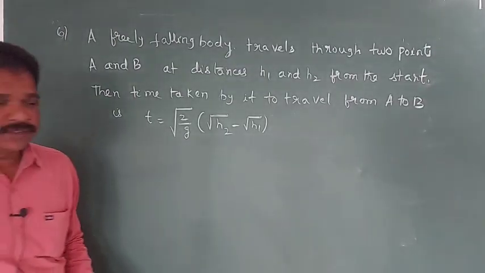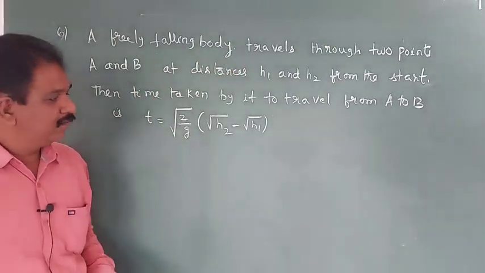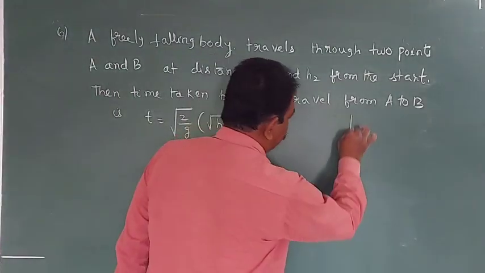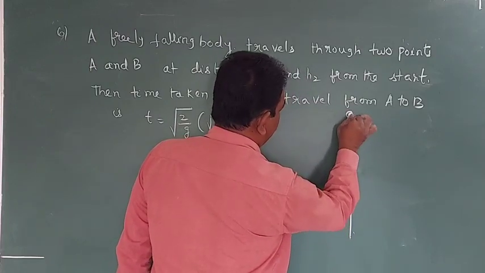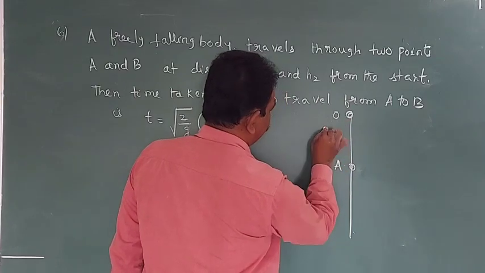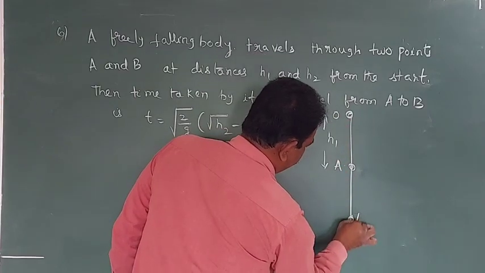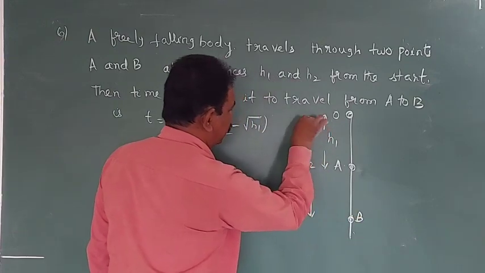This is one of the shortcuts. A freely falling body is there. Point A is at a distance H1. Point B is at a distance H2 from the start.